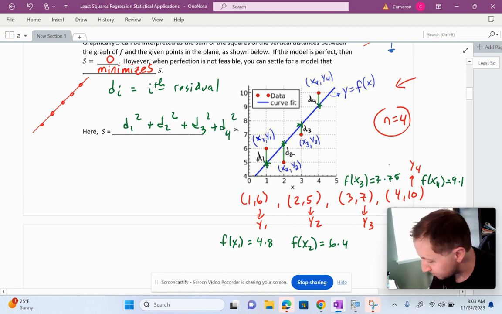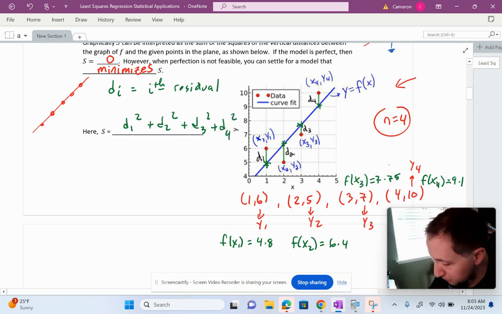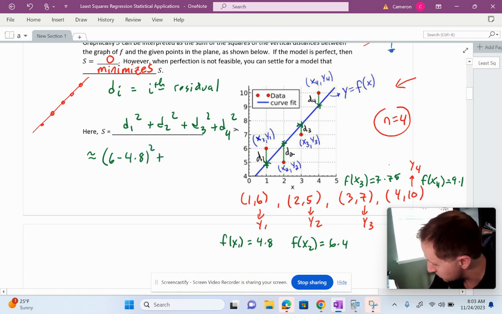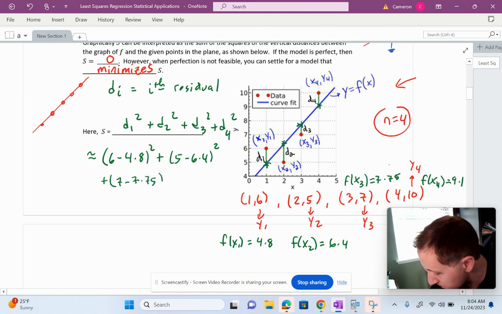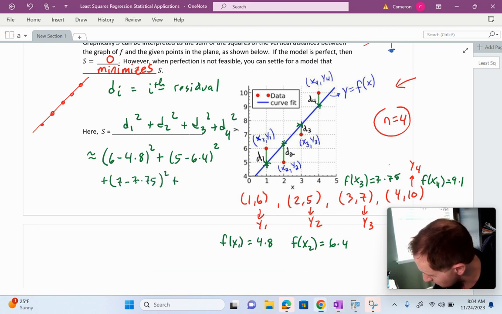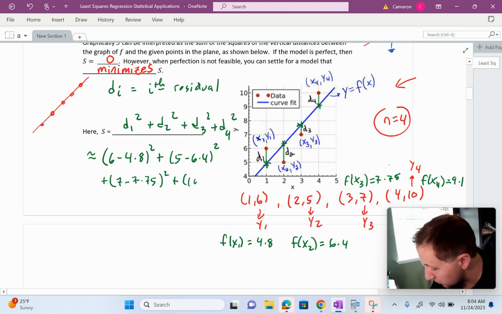Approximately, using the estimations from the blue line, it's the actual y value 6 minus prediction 4.8 squared, and we do it all 4 times: 5 minus 6.4 squared plus 7 minus 7.75 squared plus 10 minus 9.1 squared.